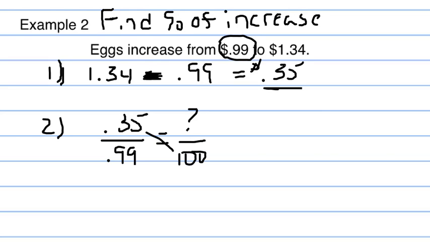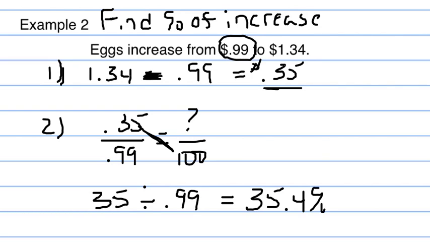I'm going to use cross products here, so when I multiply 0.35 times 100, I get 35, and I'm going to divide that by 0.99, and that gives me a percent of 35.4 rounded, and that is an increase in cost.